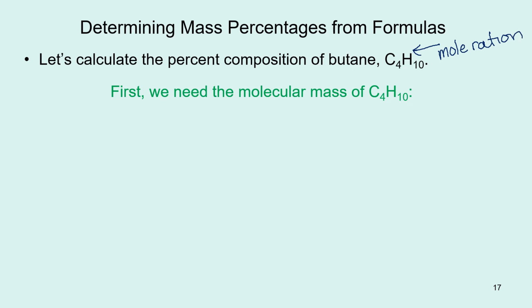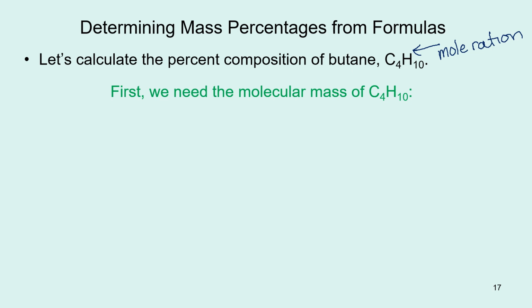This has nothing to do with weights. It has everything to do with counting how many of each I have. And when we talk about moles, that's just a counting number. It's just a definition. Like I said, a dozen, a mole, same idea.